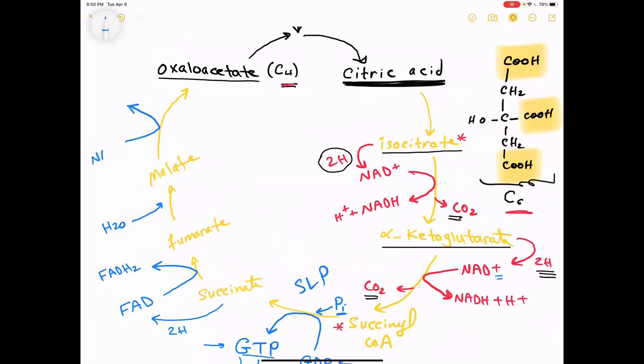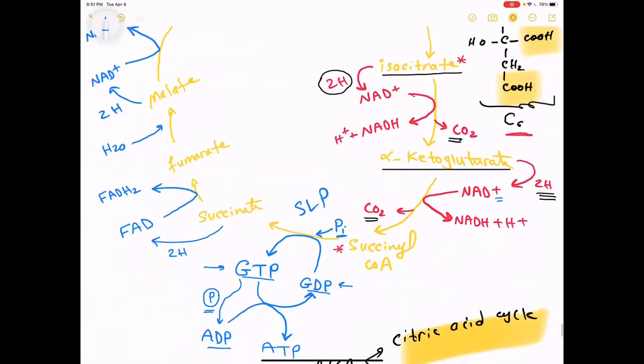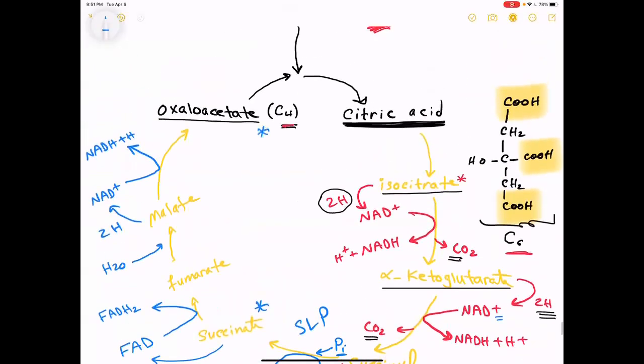So you have NAD plus, NADH, and a hydrogen ion, 2 more hydrogens. So what did we do? Look at the difference, because I want to come up with a name for the third phase, which is from the succinate all the way to the oxaloacetate.